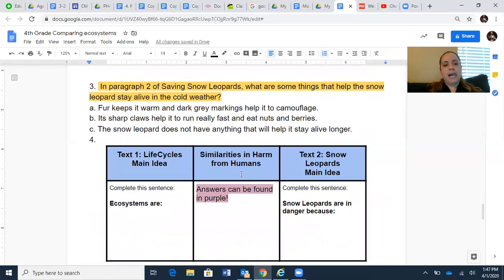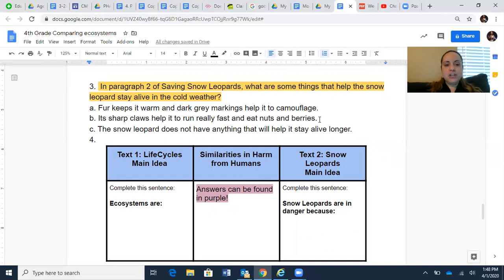All right. Number 3. In paragraph 2 of Saving Snow Leopards, what are some things that help the snow leopard stay alive in the cold weather? So A says fur keeps it warm and dark gray markings help it to camouflage. B says its sharp claws help it to run really fast and eat nuts and berries.